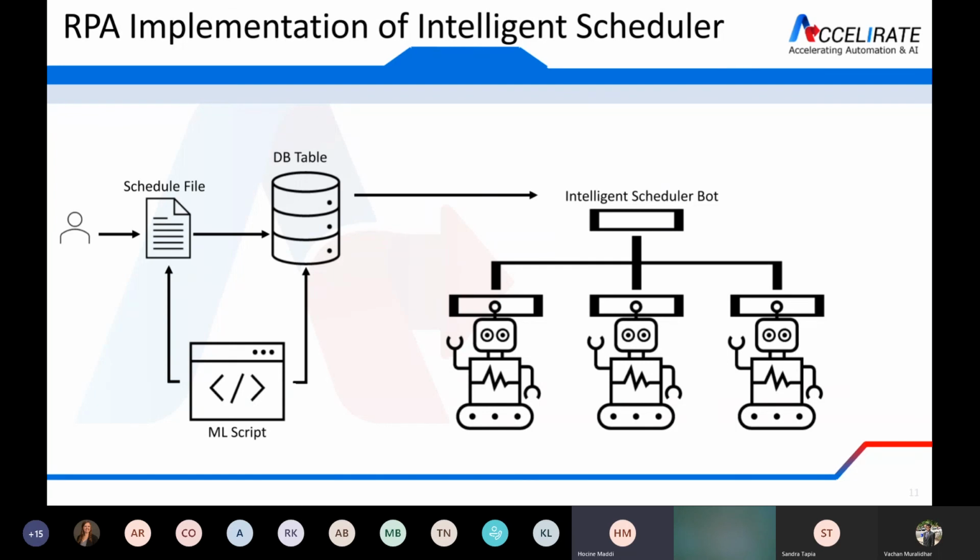It runs every day and it creates a schedule. That schedule has the name of the process, the resource it's going to run on, the start time and the stop time. And it'll insert that data into the database table, which the intelligent scheduler bot on the right is going to read from.